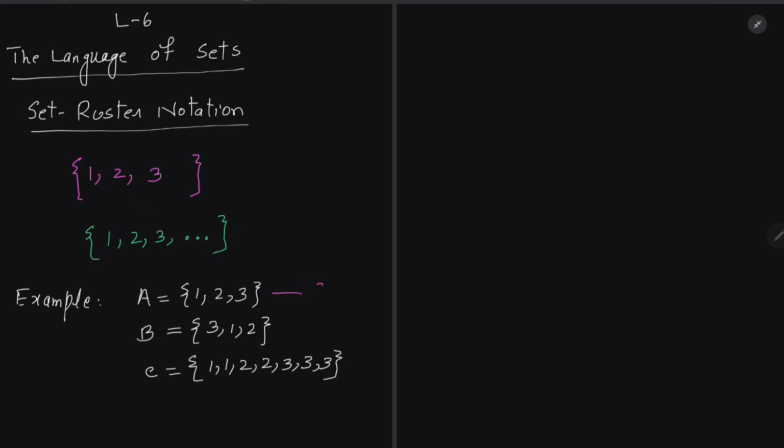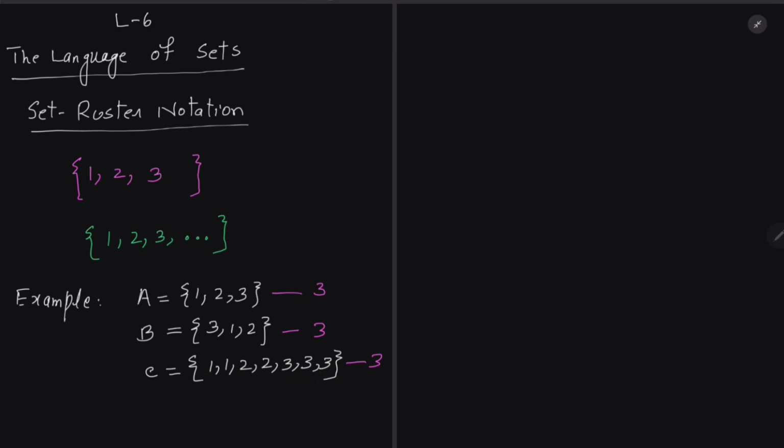Here we have 3 elements. Here we have 3 elements, and here, although the elements are repeating themselves, it is only 3 elements: 1, 2, and 3.